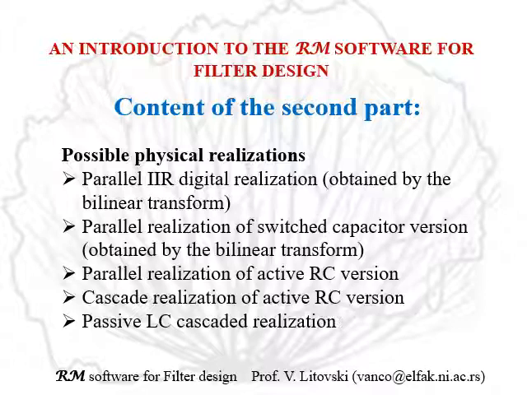It is in fact a list of possible physical realizations offered by the RM software. First is parallel infinite impulse response digital filter realization obtained by the bilinear transform of analog prototype. Then comes parallel realization of switched capacitor version, again obtained by bilinear transform.